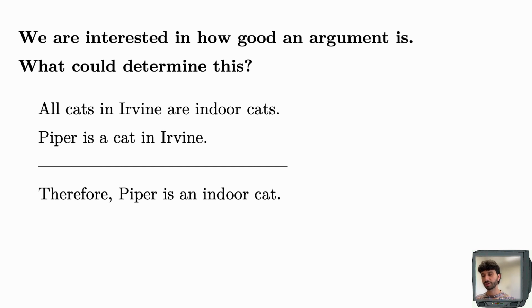Well, one consideration would be, are the premises true? Is it true that all cats in Irvine are indoor cats? And is it true that Piper is a cat in Irvine? Are these statements true? But this isn't the only consideration that we might care about. And in fact, it's not even the prime consideration that we'll care about in this class.